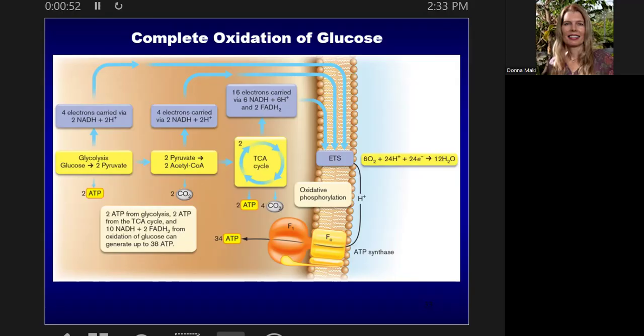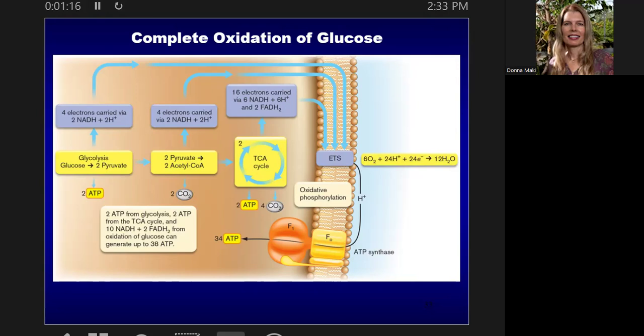And let's say we're providing a lot of oxygen for it, so great. I'm going to shift over to the TCA cycle or citric acid cycle, run that and get my reducing molecules, NADH, FADH2, get a little bit of energy. And then I'm going to funnel the FADH2 and the NADH into the electron transport chain process, because I have oxygen available.